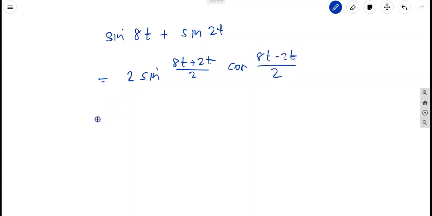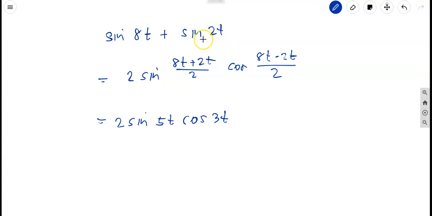So therefore you will get 2 sine, 10 divided by 2, so we have 5t, and then cosine, 6 divided by 2 is equal to cosine 3t. So that is how you simplify the equation for a sum going to a product. So you have to express this given as a product.